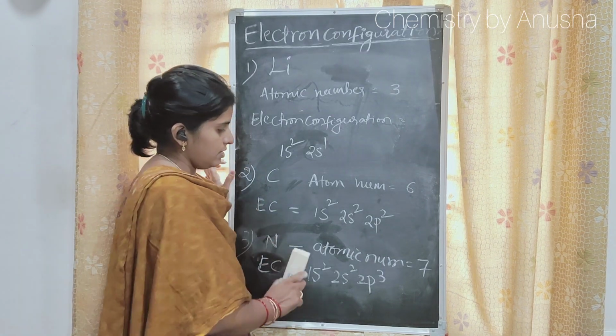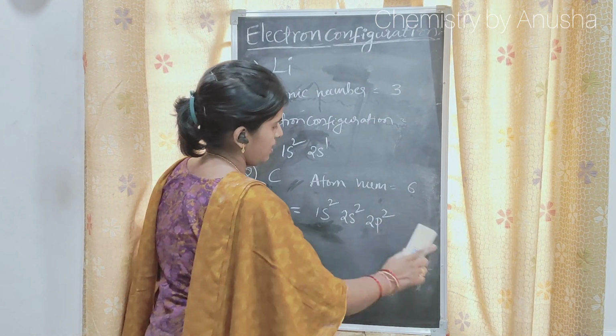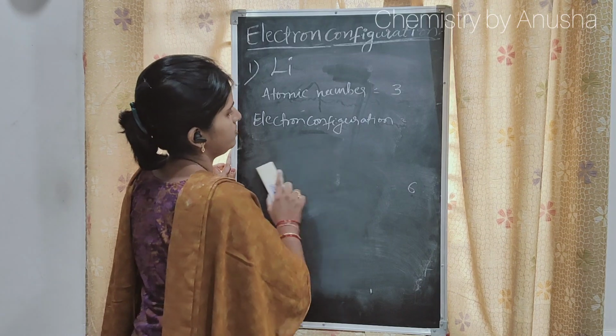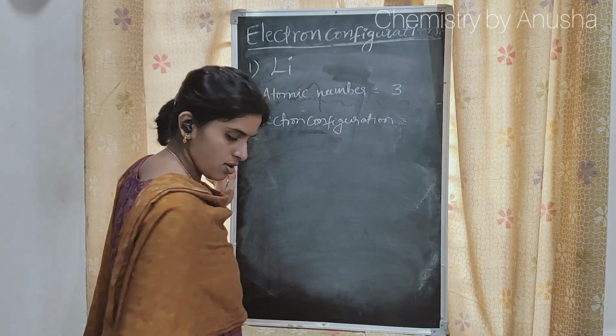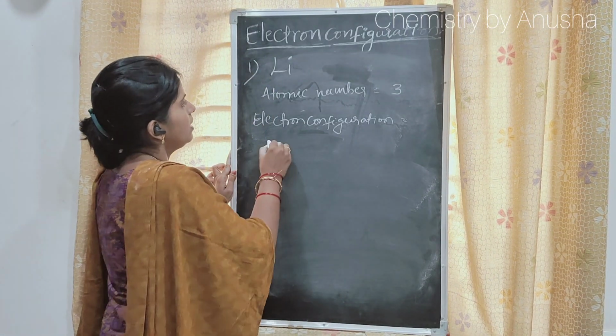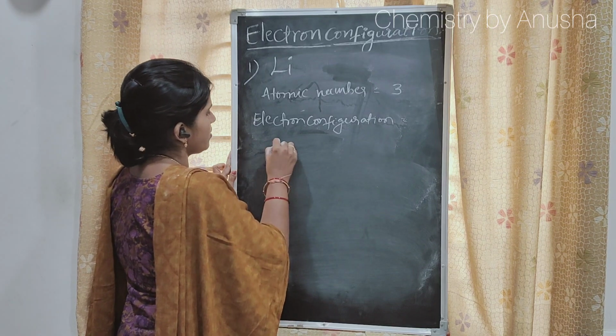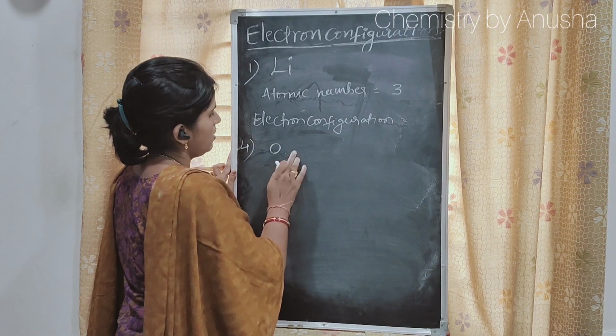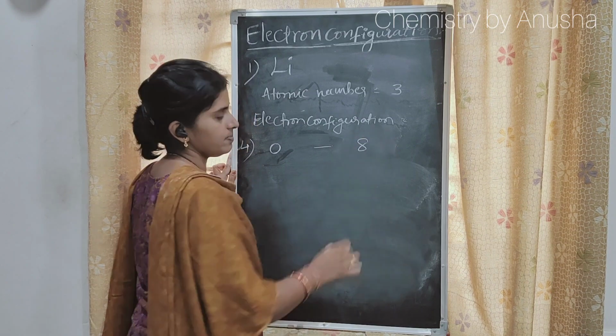One more example, oxygen. Oxygen has atomic number 8.